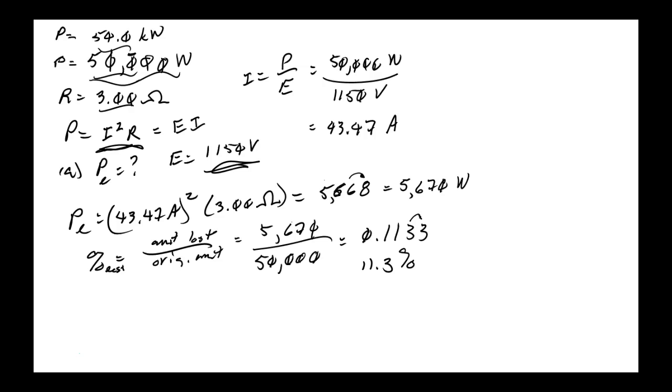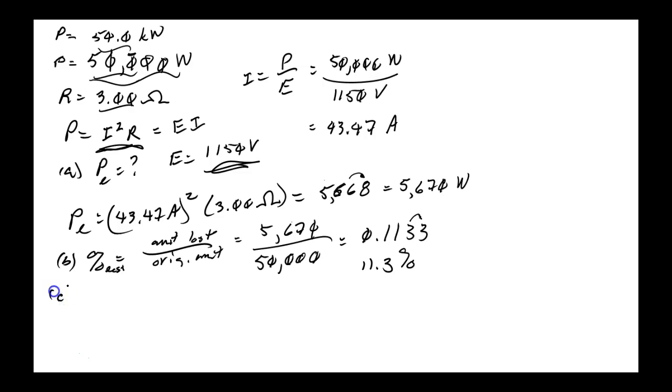Okay? Now, what if we did the transmission at 11,500 volts, so we stepped it up by 10. So this time, this is the B part.